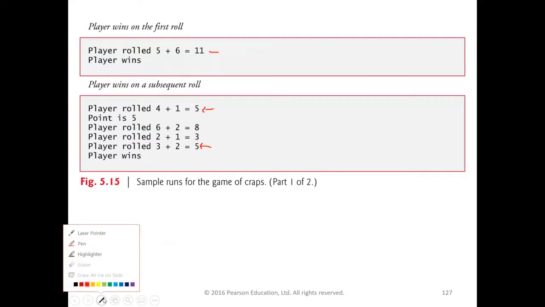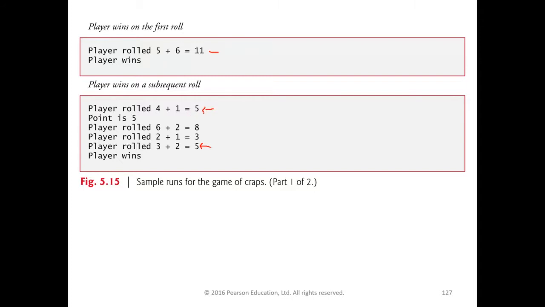So basically what happens is if you get 11, the user wins immediately. Then let's say we run the program one more time, and this time we get number 5.